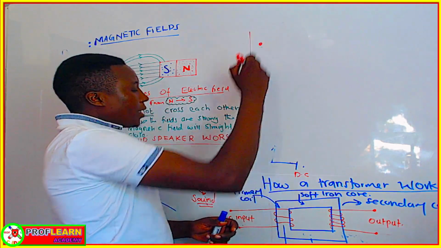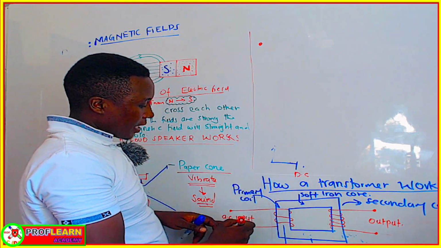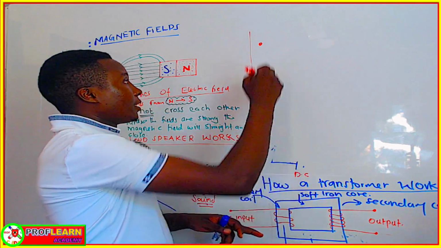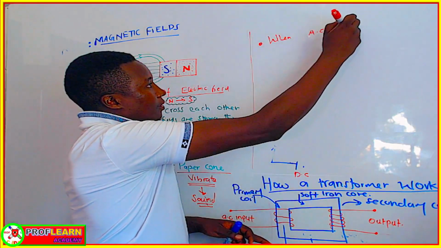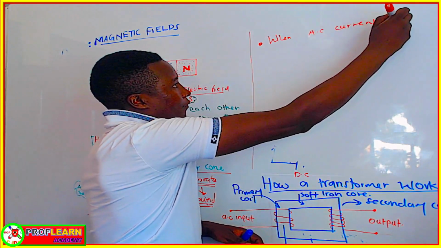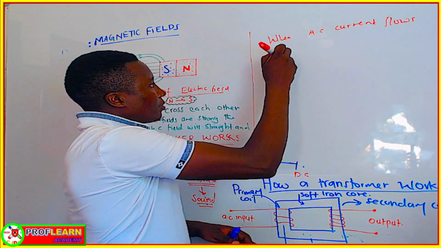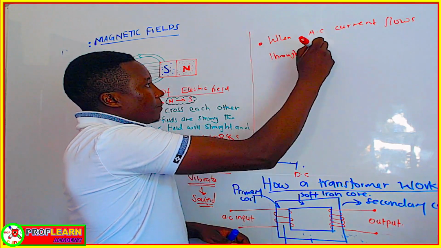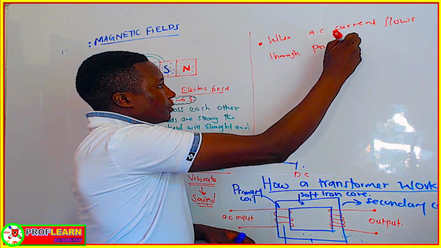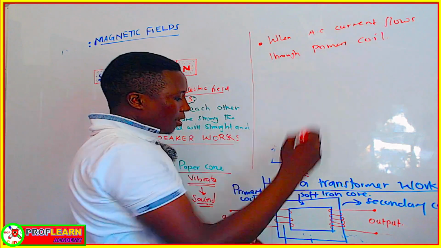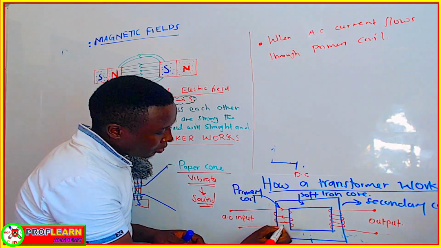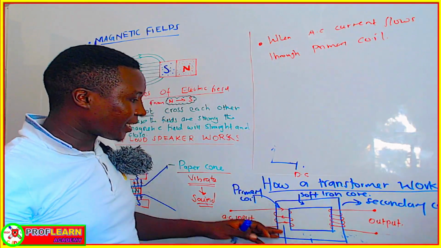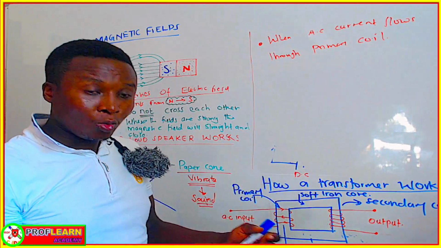So point number one, when AC current flows through the primary coil, alternating current flowing through the primary coil, magnetic fields which are constantly changing direction will be created.